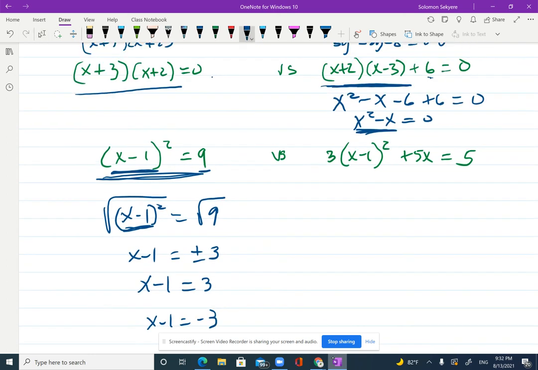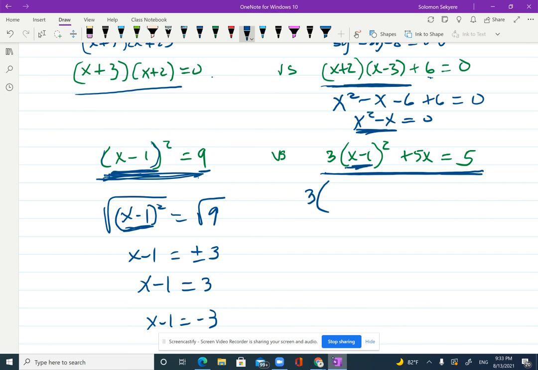What about this one right here? Okay, see, it's different from this here. Here we have just one term on the left, one term on the right. This is different. So what are you going to do? You need to open this up. Multiply by 3, and then you expand this (x minus 1) all squared.